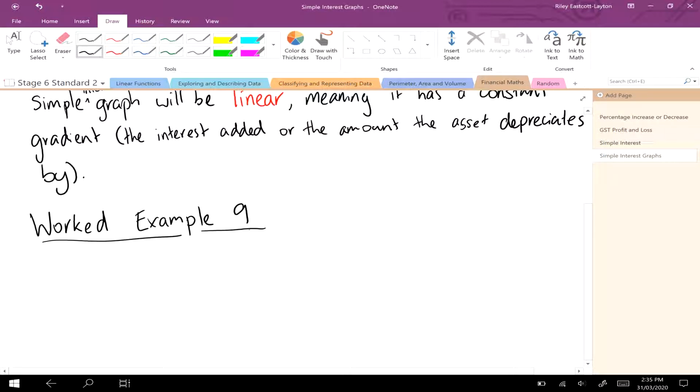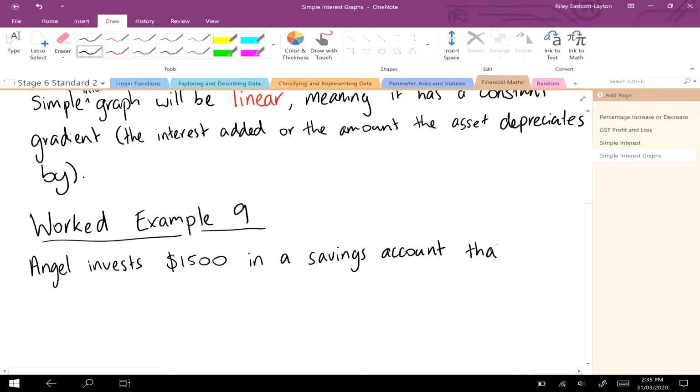And we've got Angel invests, we'll say, $1,500 in a savings account that promises 5% per year simple interest.